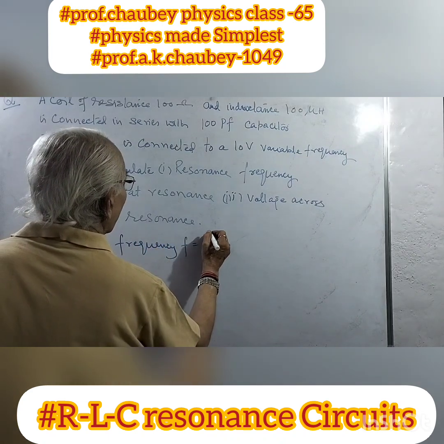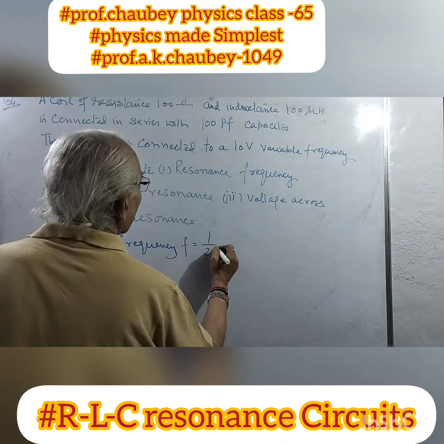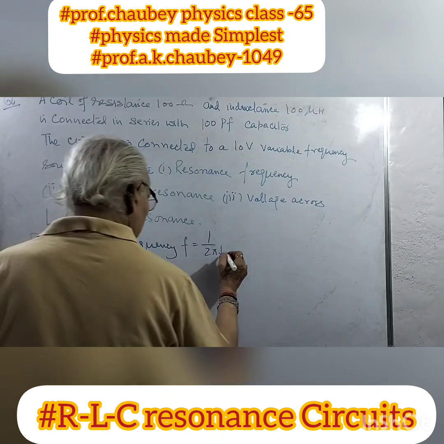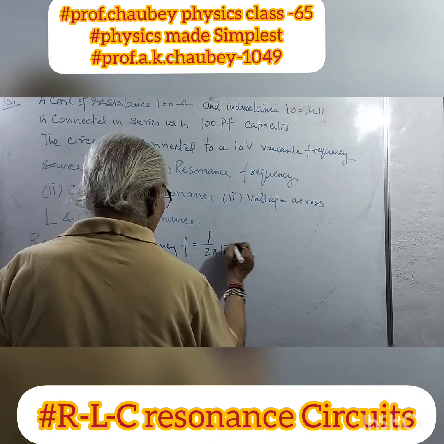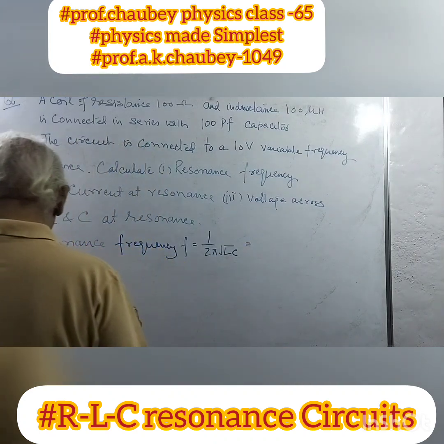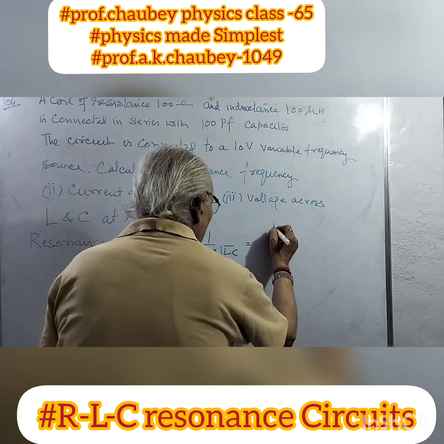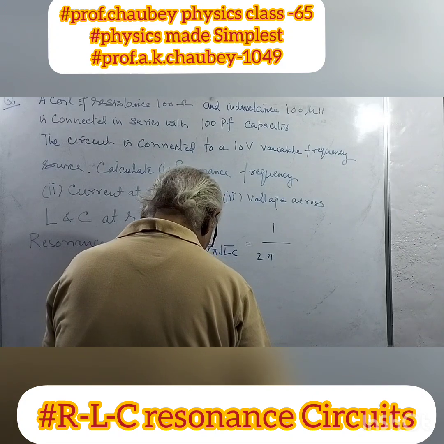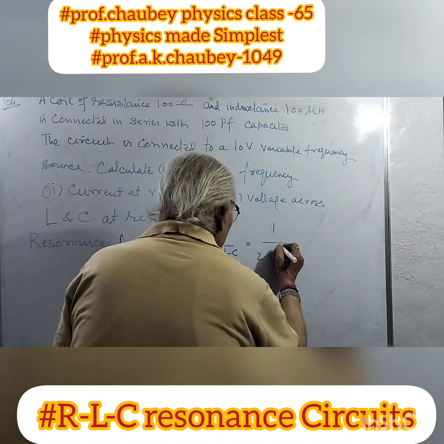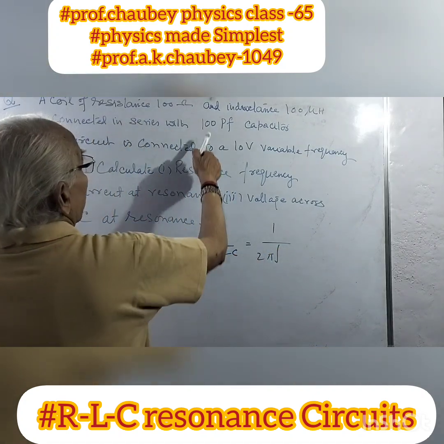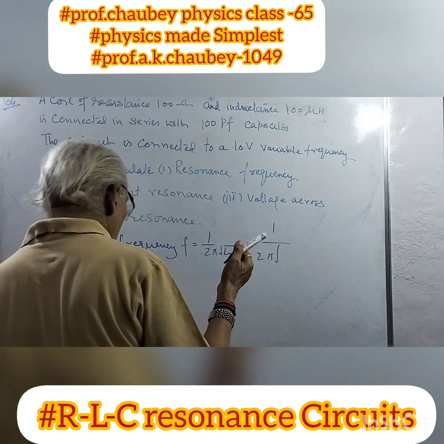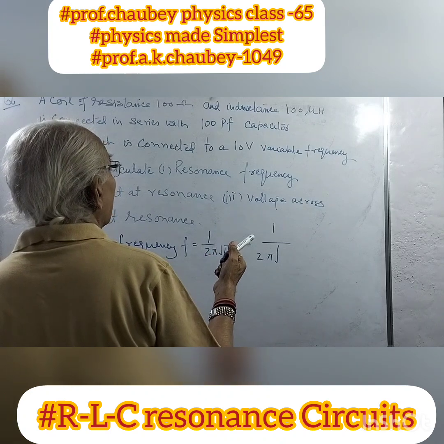FR equals 1 over 2 pi under root LC. So find 1 over 2 pi and under root 10 to the power minus 4 for L, since 100 microhenry is 10 to the power minus 4 henry, and C is 100 pF, so 100 into 10 to the power minus 12, that is 10 to the power minus 10.